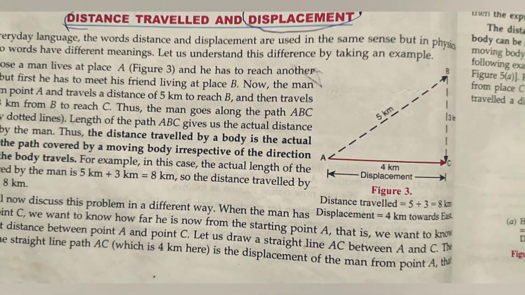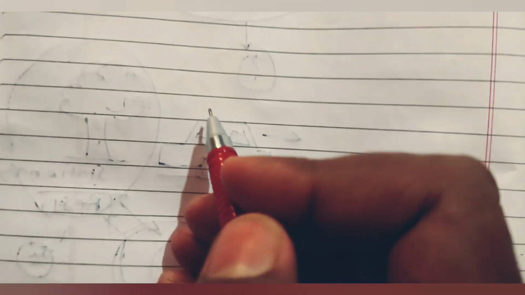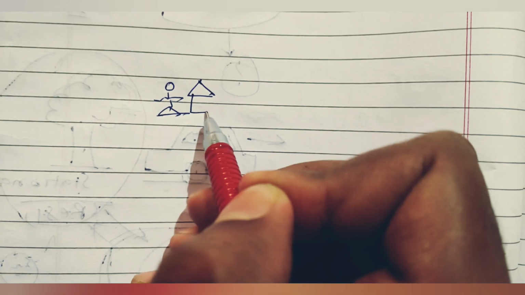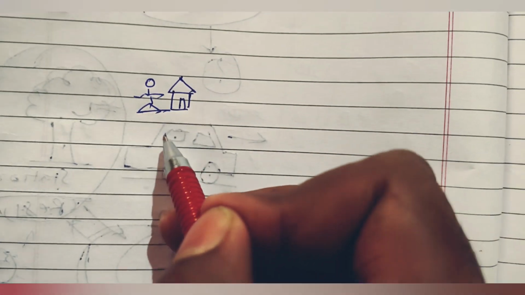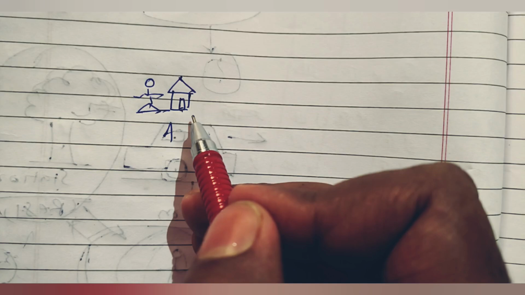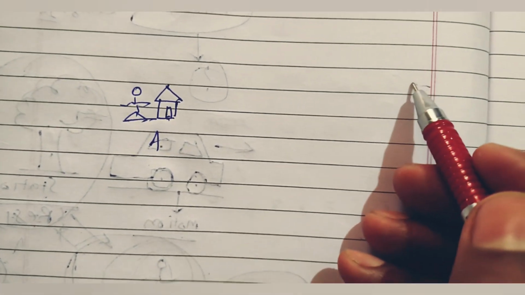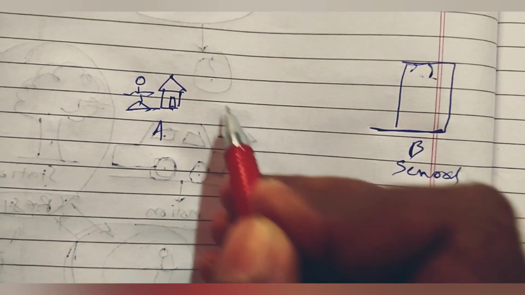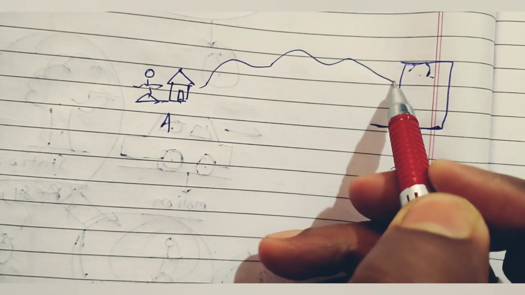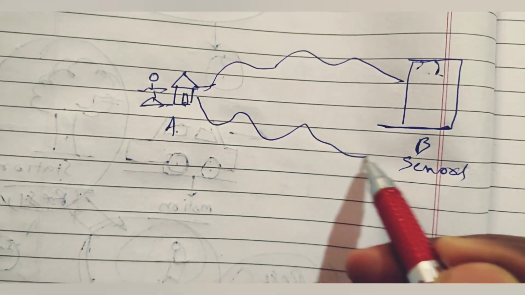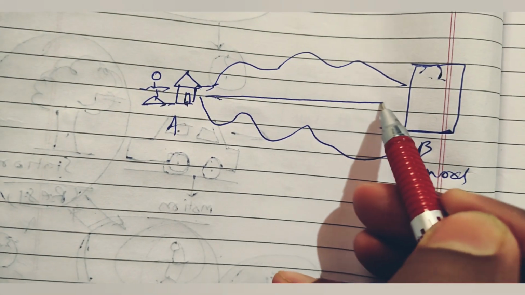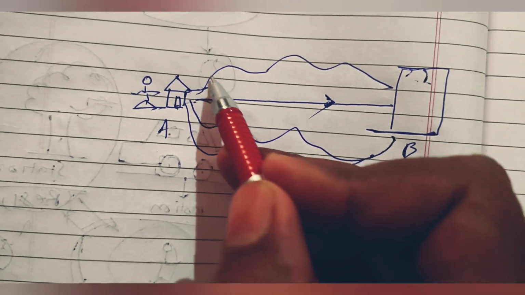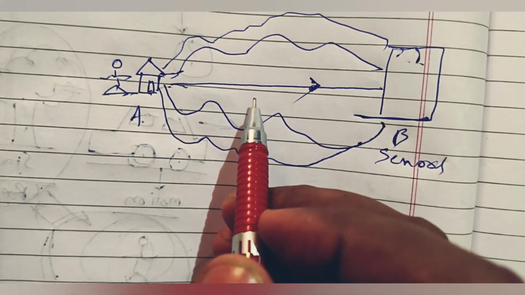Suppose a student is starting from his or her own house, point A, and has gone to school. The student may go to school in this way, or in this way, or in this way also. There are infinite paths the student may take from point A to B.